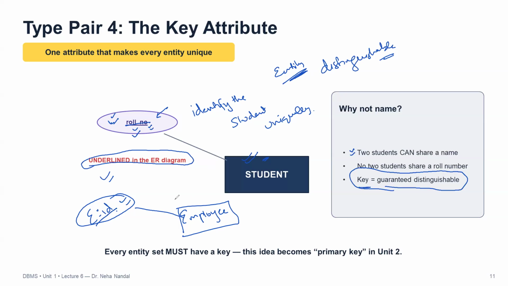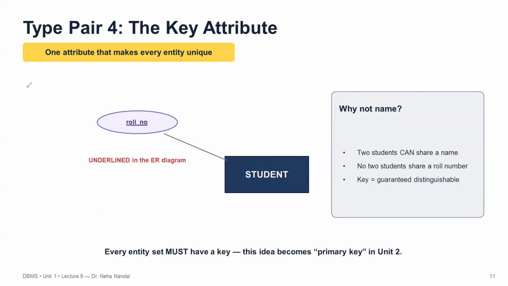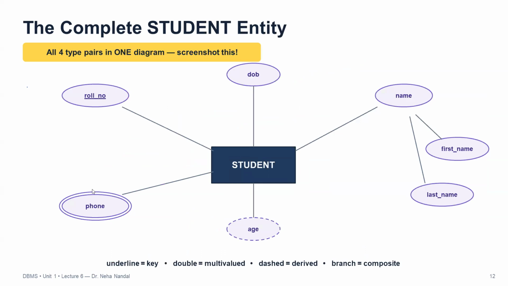Correct. I hope you got some idea. So these are all our different types of attributes. Now this becomes all types of attributes in one diagram that you can see. Composite attribute.